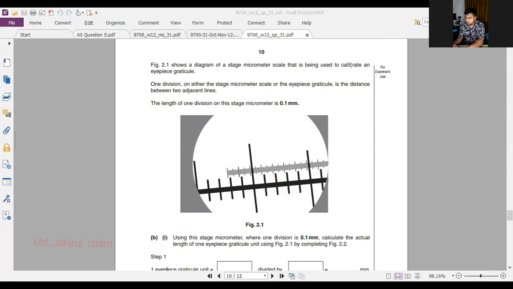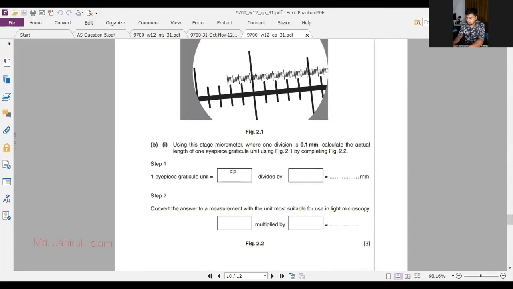I'm going to then calculate it here. So 0.1 millimeter will be divided by 10, and the answer will be 0.01 millimeter.